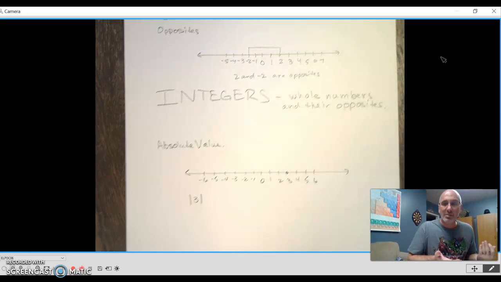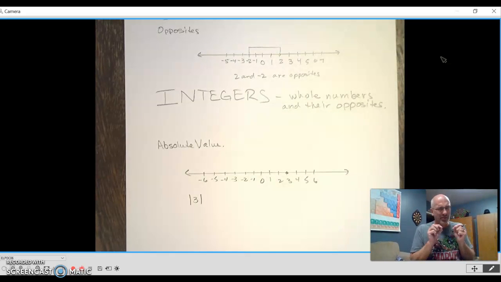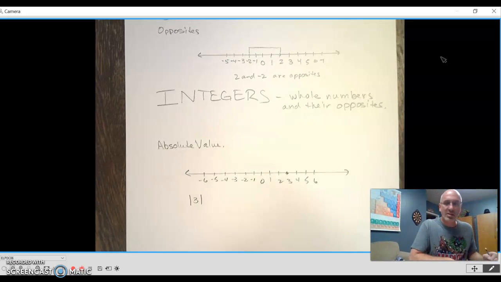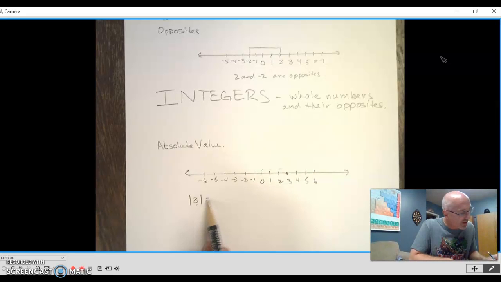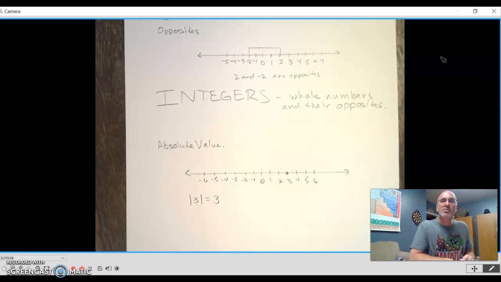In a printed book or a worksheet, they're very thin lines, and it's hard to do with a pencil, so we make them just a little bit longer. So this is read the absolute value of 3. How far is 3 away from 0? 1, 2, 3 units. So the absolute value of 3 is 3.